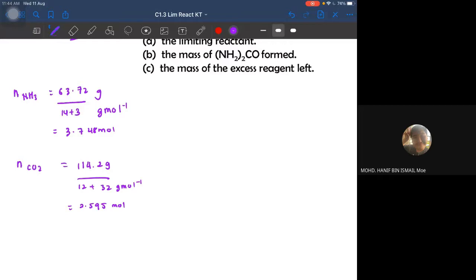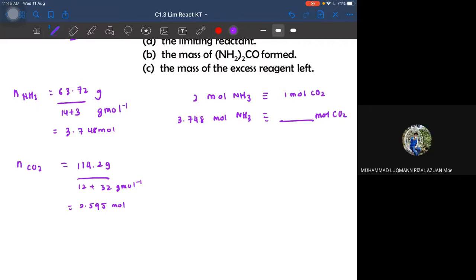Has anyone got the limiting reactant? NH3 limiting. Okay, wait, 1.874. Alright, so if you compare using method 1, this is the mole needed.